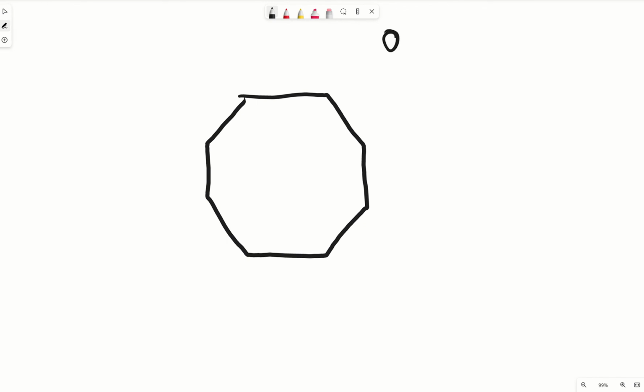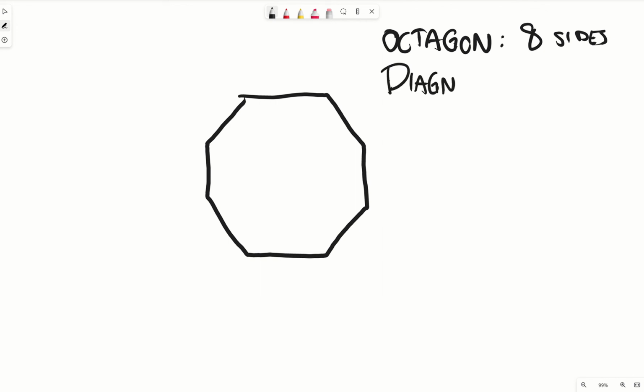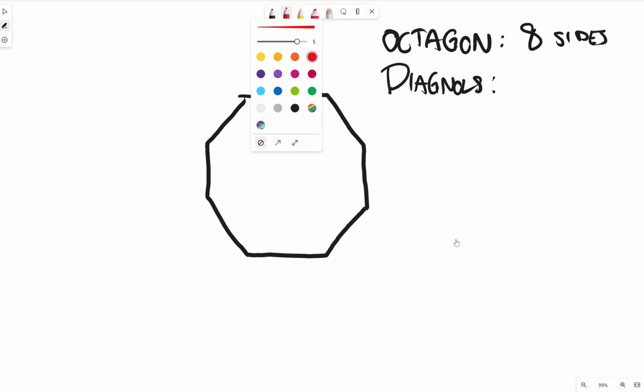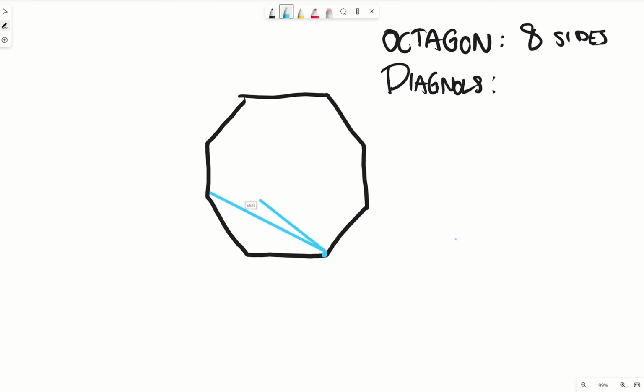All right, here's an octagon. It has 8 sides. How many diagonals do I have? Well, let's check. I start here, and I draw out. I've got 1, 2, 3, 4, 5 diagonals.